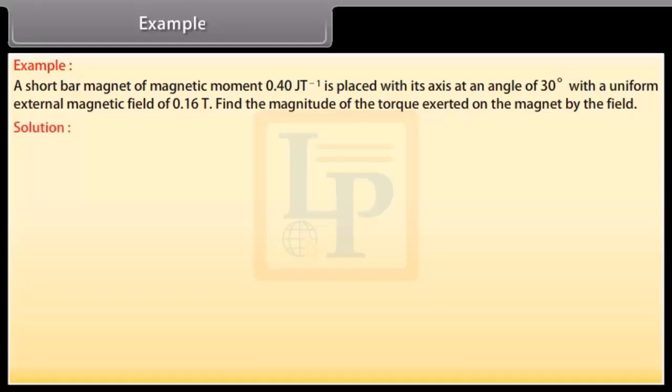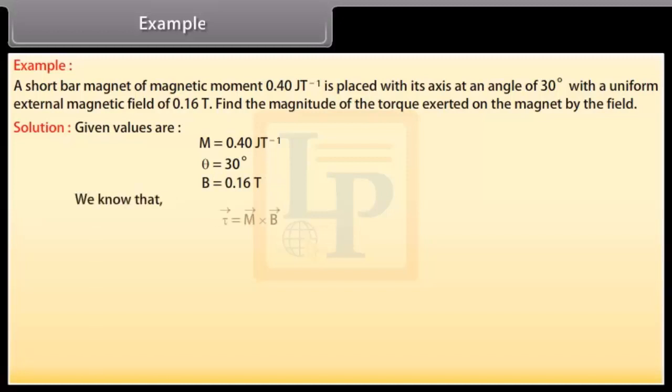Let's see the solution. Here given values are: m is equal to 0.40 joule per Tesla, theta is equal to 30 degrees, B is equal to 0.16 Tesla. We know that τ = m × B, or in terms of magnitude, τ = mB sin θ.